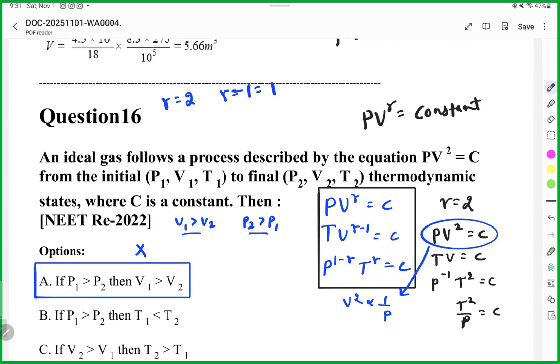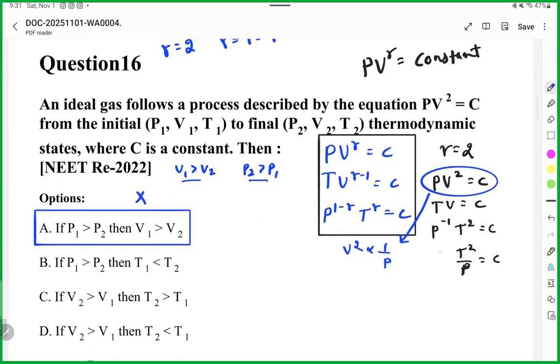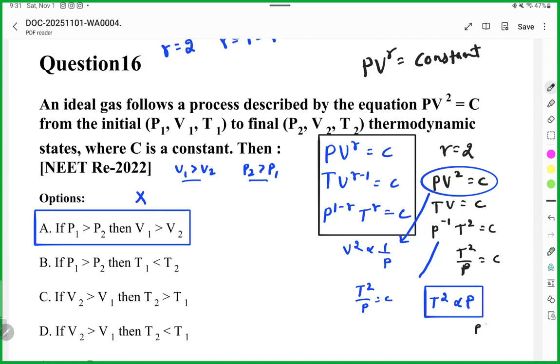Any doubt? No, sir. Let's see the second situation, P and T. This one is like T square by P is equal to constant. It means T square is directly proportional to P. It means if pressure increases, then temperature will also increase.